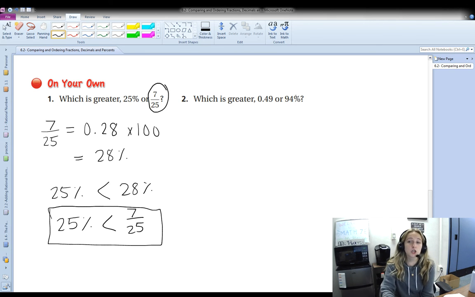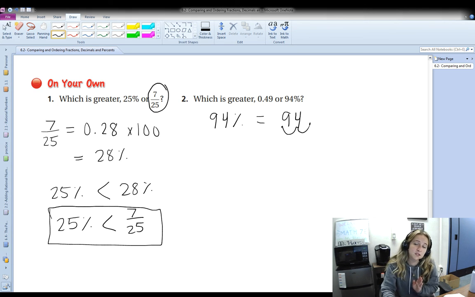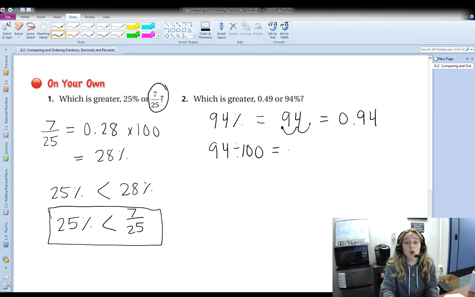If we look at number 2, let's turn 94% into a decimal. Remember, the decimal point is right after the 4. To turn it into a decimal, you go to the left, and the decimal point would go there: 0.94. Or you could also divide by 100, and that would also give you 0.94.